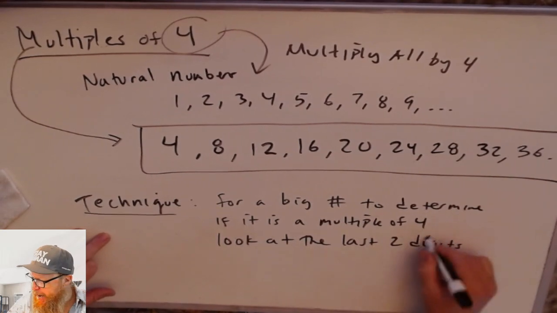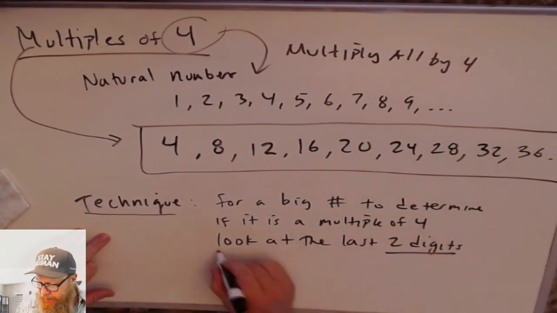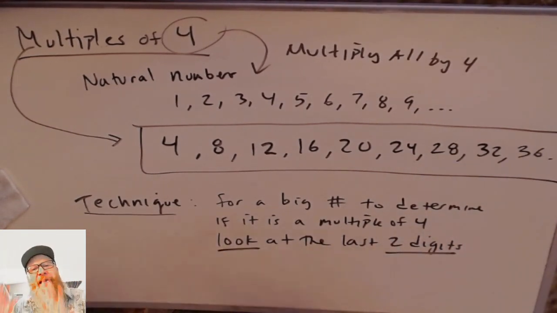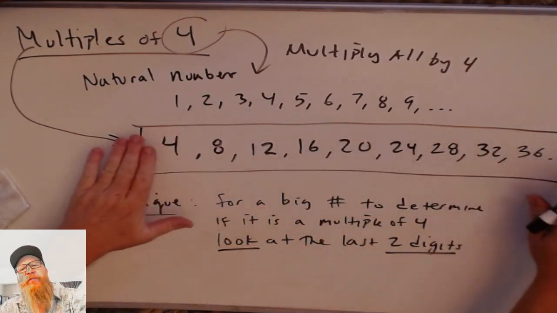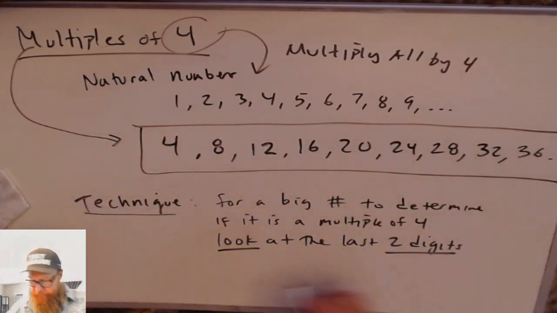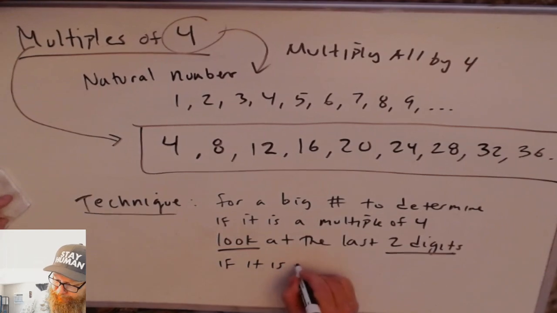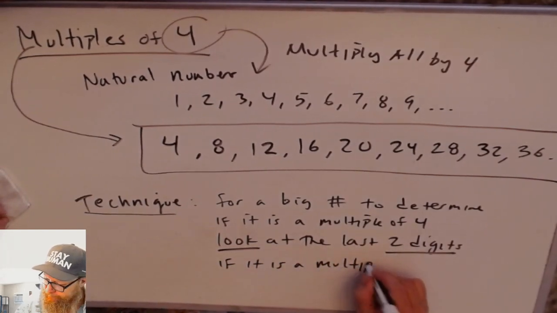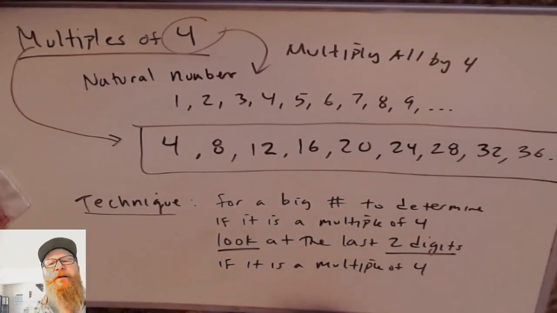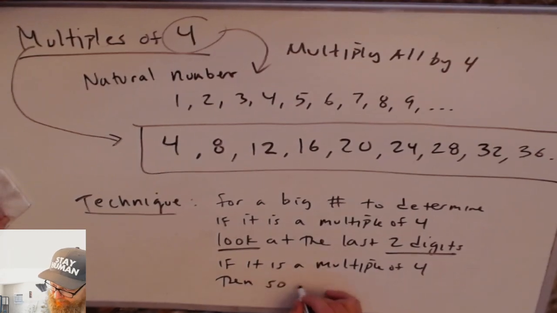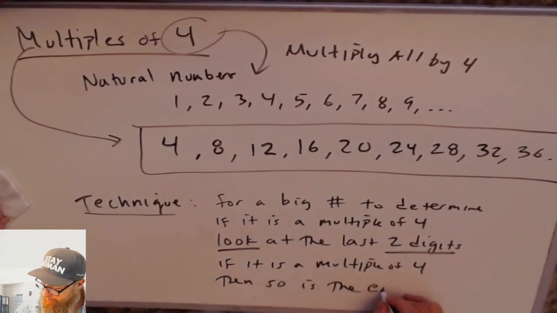So you don't have to add anything up. You just look at the last 2 digits. If the last 2 digits is one of these numbers, then so is the entire number.